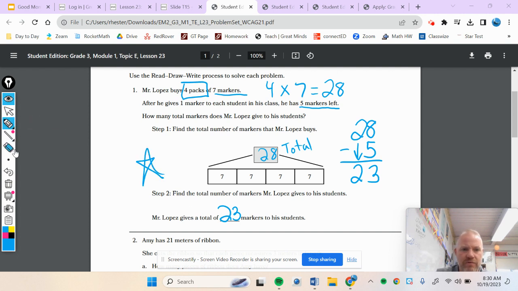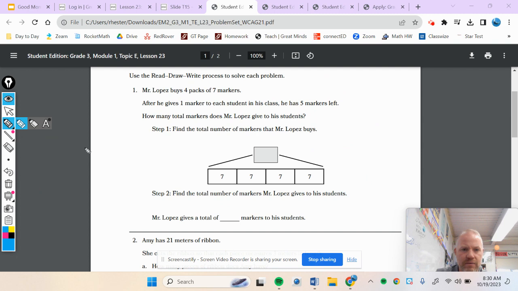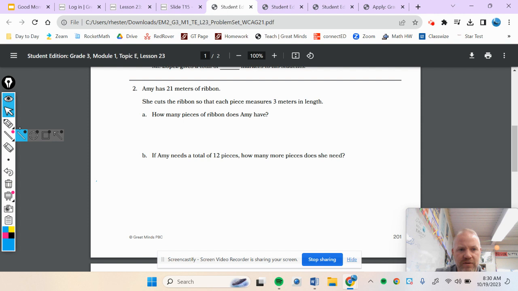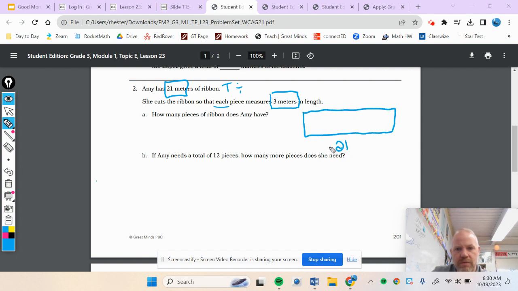And let's move on. So remember, you are not going to just copy my work, you're going to work independently. So start number 2 if you haven't already. Amy has 21 meters of ribbon. This is a total. She cuts the ribbon so that each piece measures 3 meters. So each is 3. So we're going to draw a tape diagram. We know that she has 21 and each has 3. So we don't know how many there are.